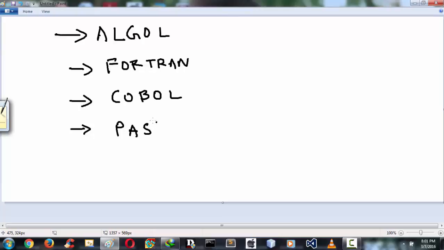They are not multi-purpose programming languages. Whatever can be done in Algol could not be done in Fortran, whatever can be done in Fortran could not be done in COBOL, and vice versa. And the things that can be done in Pascal are done in Pascal only.